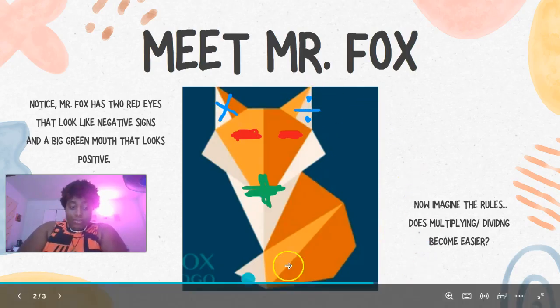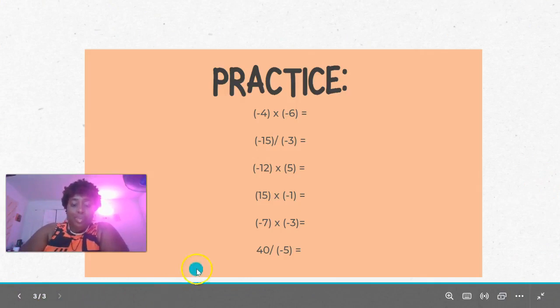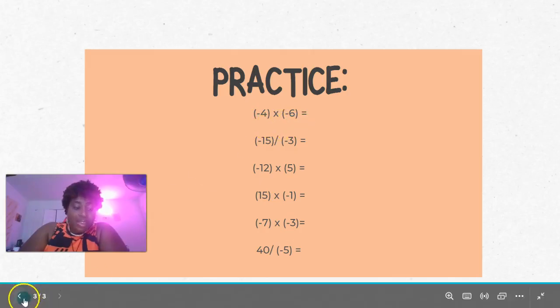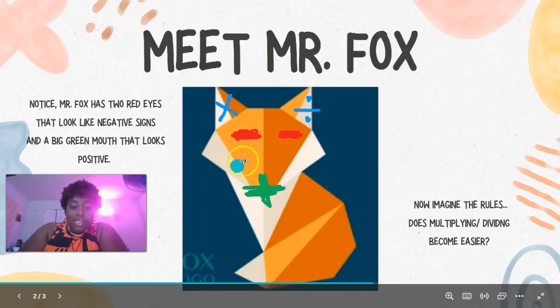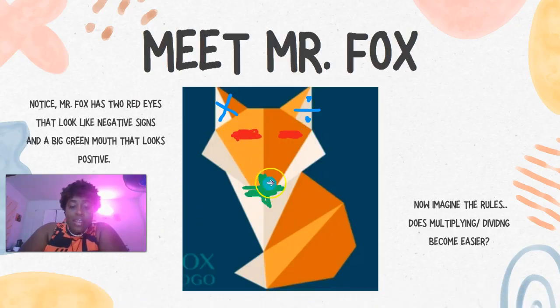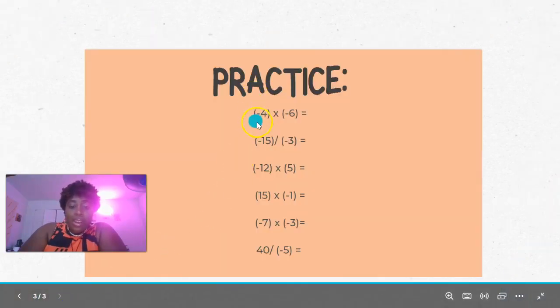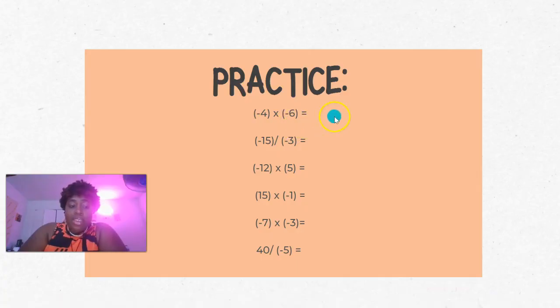Okay? So let's look at a few problems. So we have a negative 4 and a negative 6. Let's go back to Mr. Fox. So if I have a negative and a negative, my answer is going to be positive. So negative 4 times negative 6 is going to give me a positive 24.